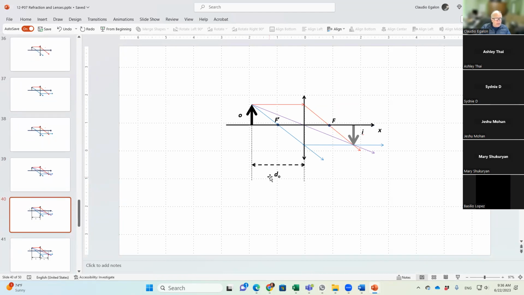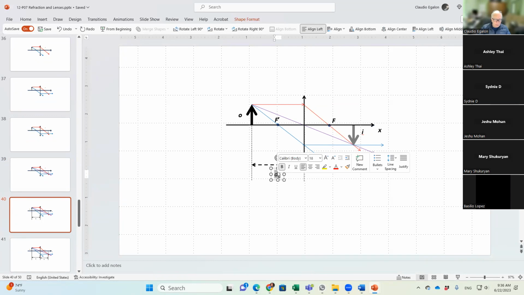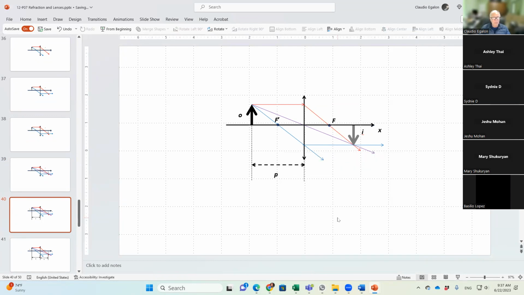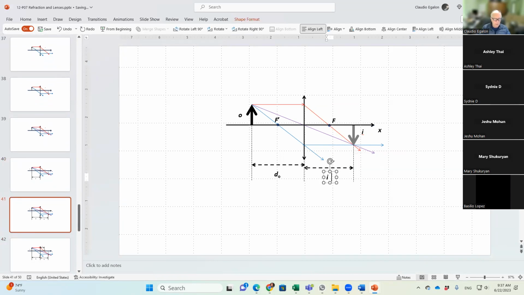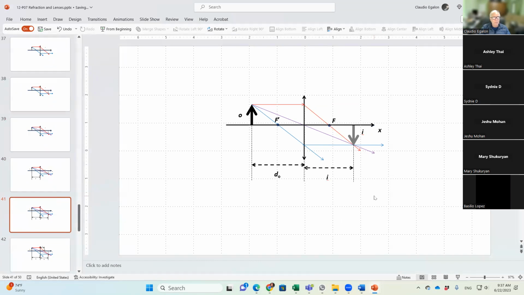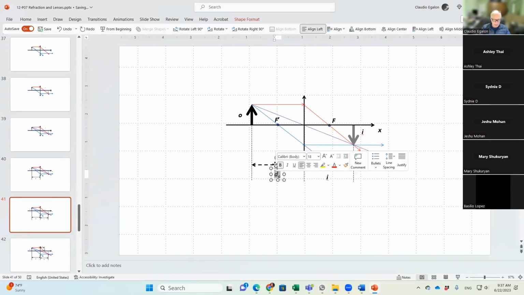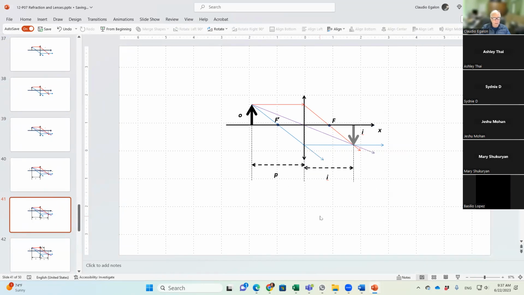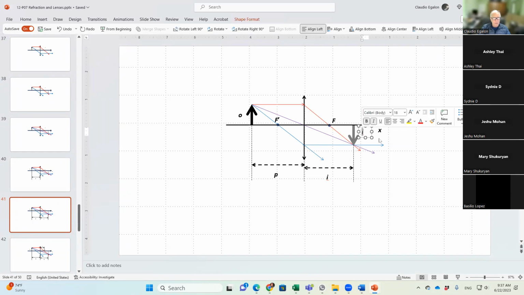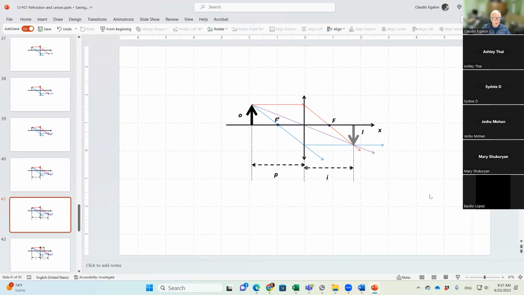Okay, this is the distance P according to the book. This is the distance I according to the book. Okay. P. Let's use a capital I here, capital I here to distinguish from the other I.